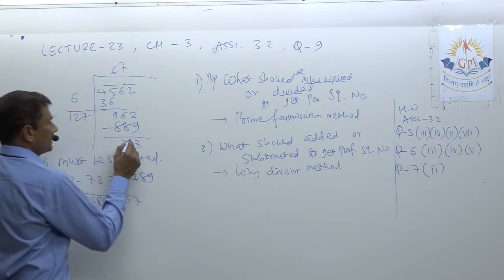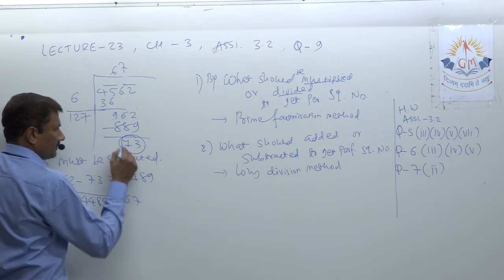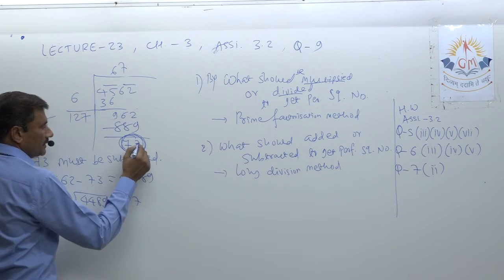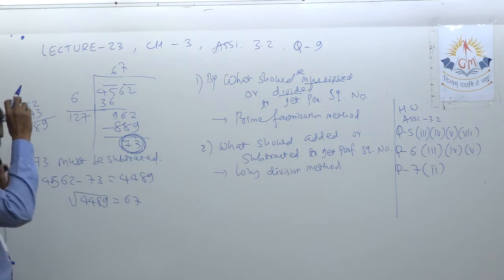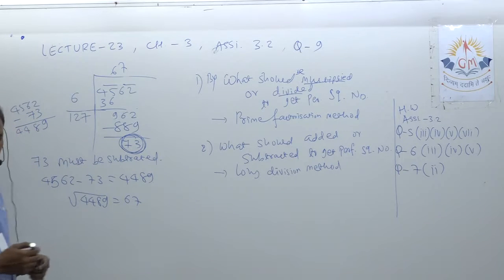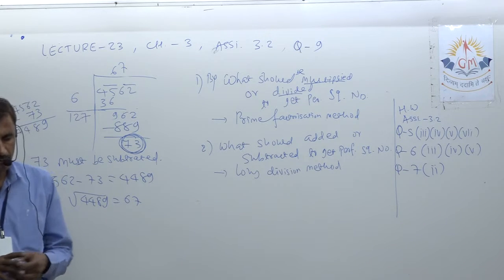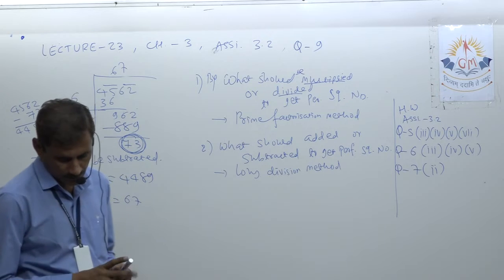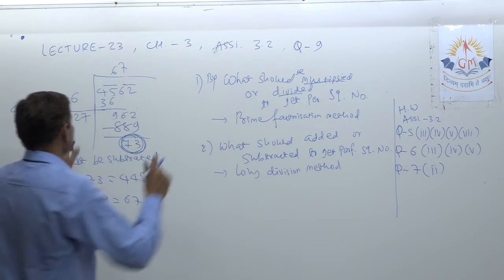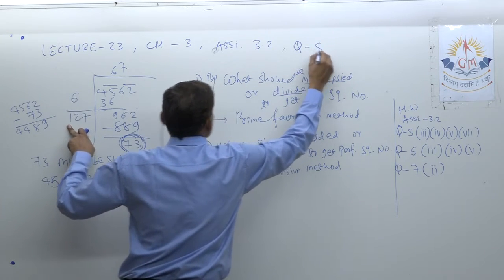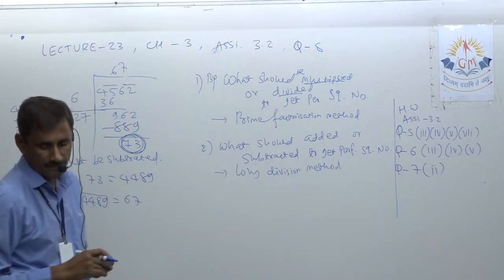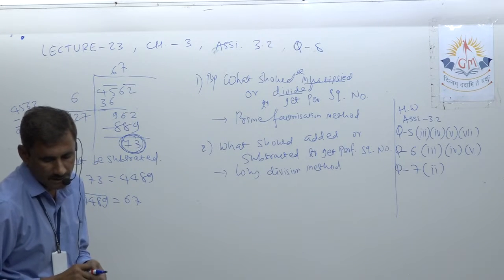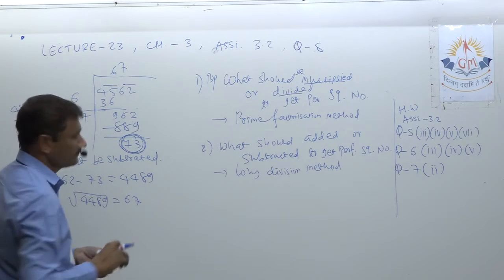So in what should be subtracted type of question, from here only you can give your answer. Now, that was number 8. Now we have to discuss number 9.